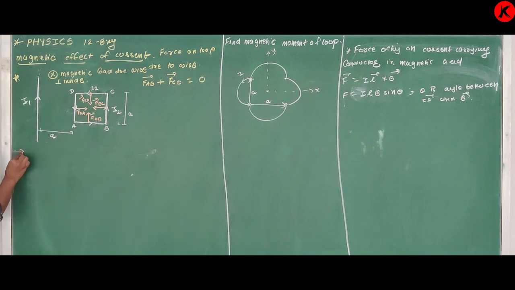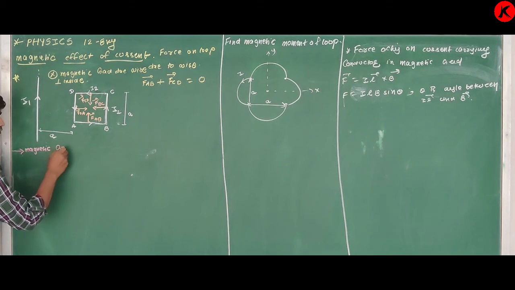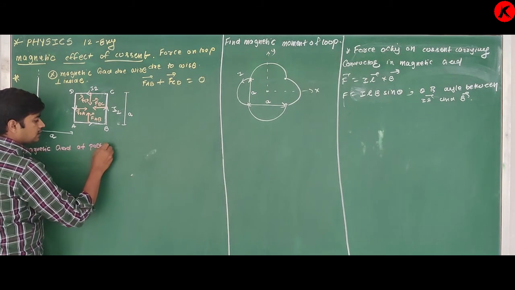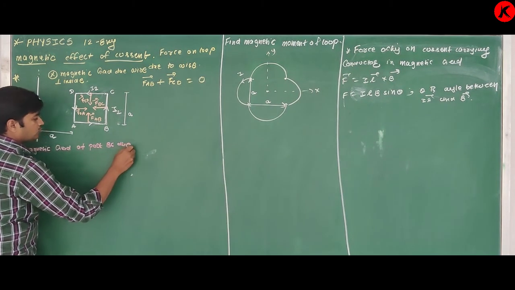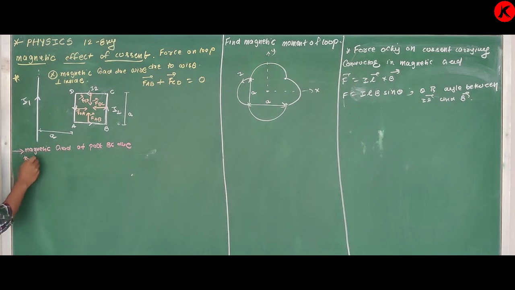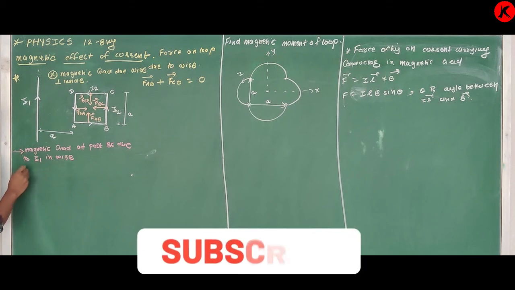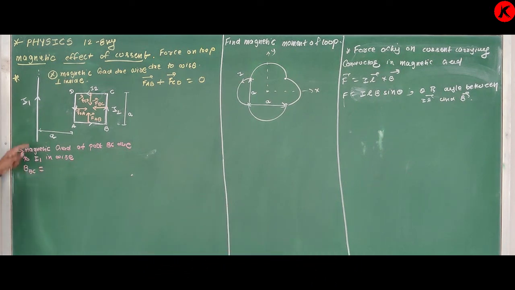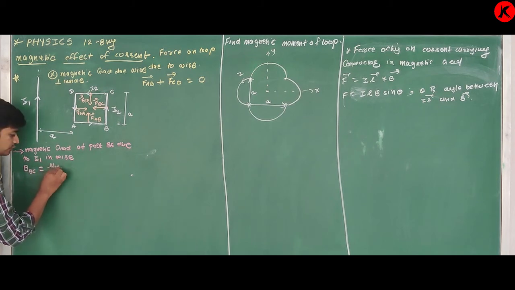So let the magnetic field at part BC due to current I1 in the wire be B. What is the equation due to a straight long wire? Its equation is mu 0 I upon 2 pi r.